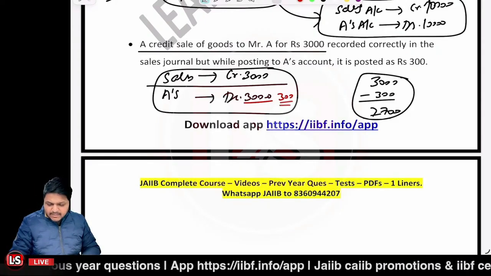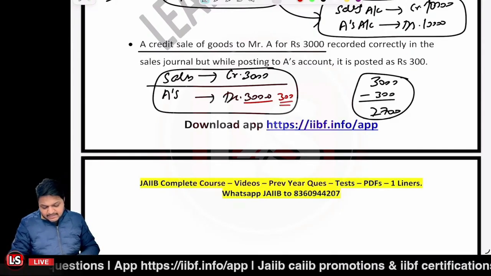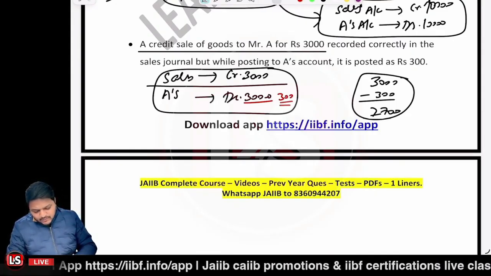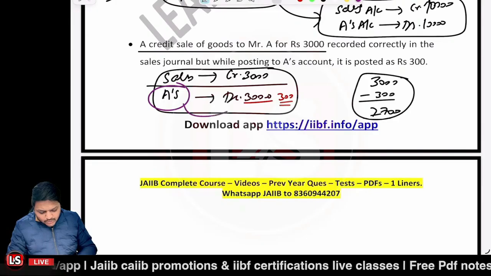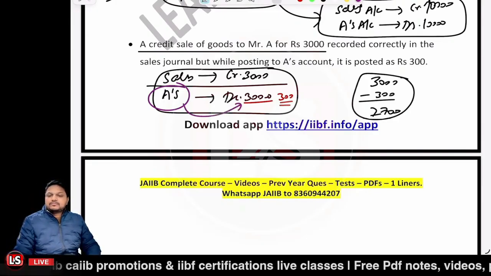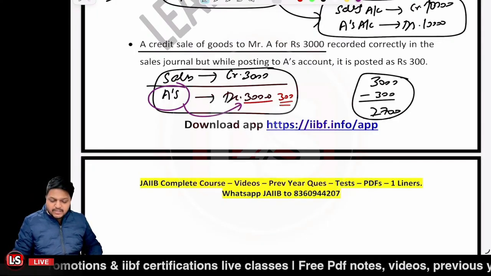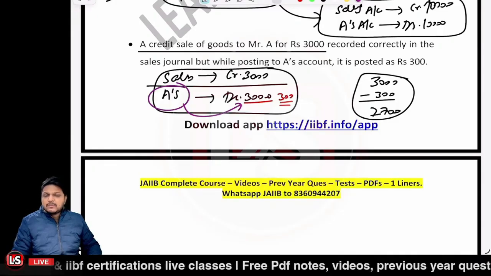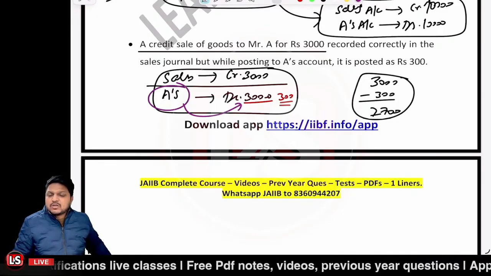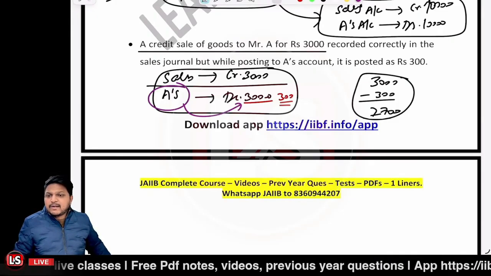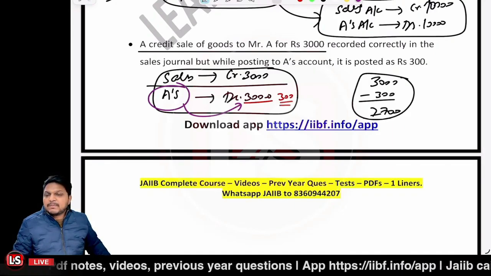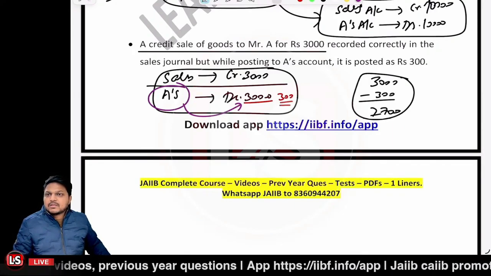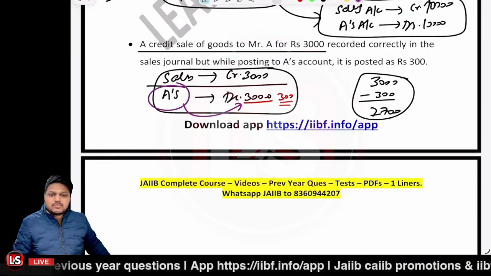We will simply be correcting A's entry. We won't be posting a new entry. We'll simply be correcting this particular entry from rupees 300 to 3,000 rupees. That's it. That's a single leg correction. Or we'll just post a separate 2,700 rupees entry toward A's account. That is the correction which is to be made over here.